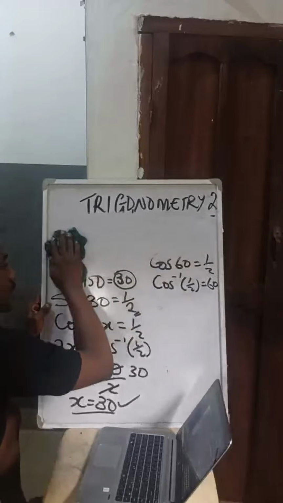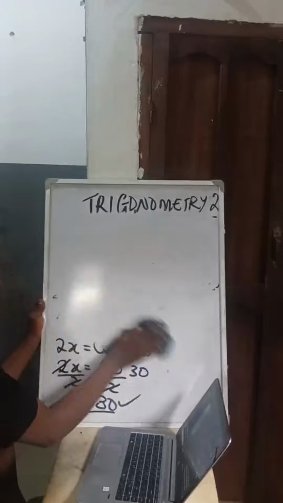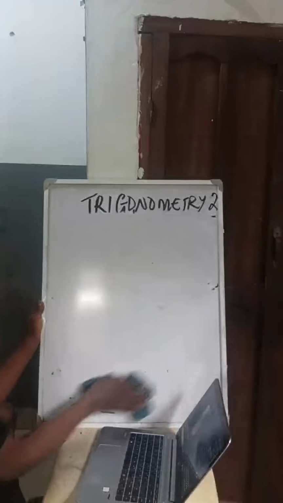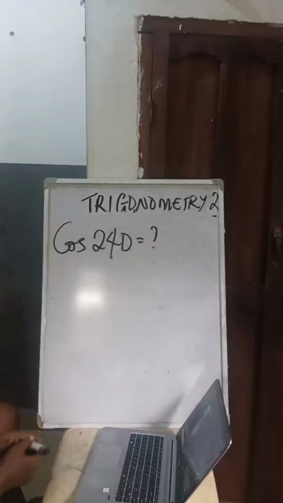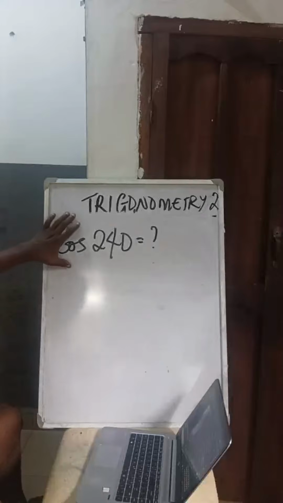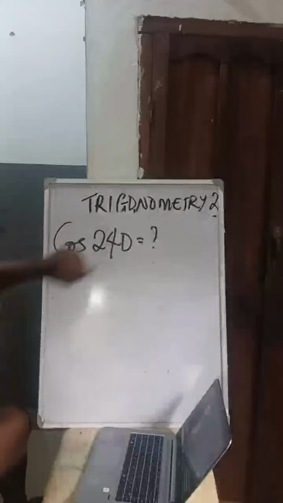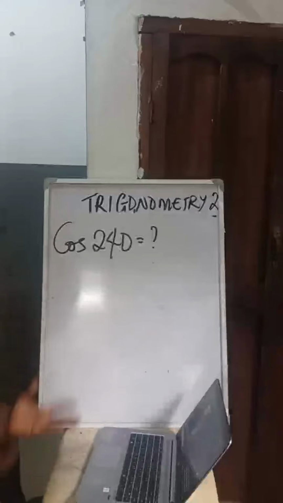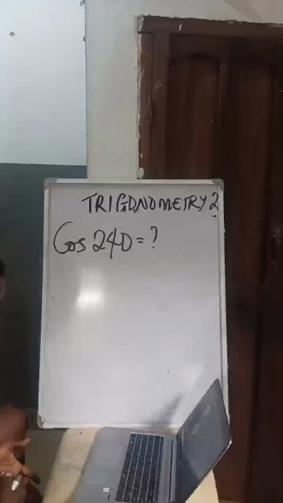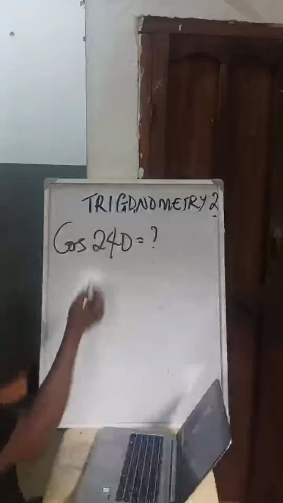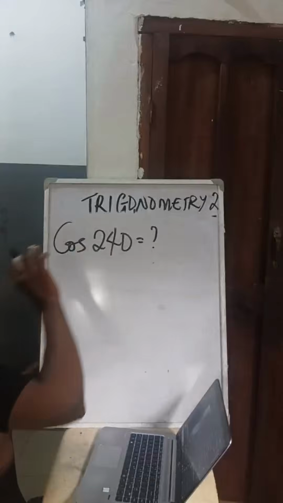Now, do you know that cos 240 is equal to what? First of all, when we have 240, you already know that 240 is in the third quadrant. Just pick the angle alone.